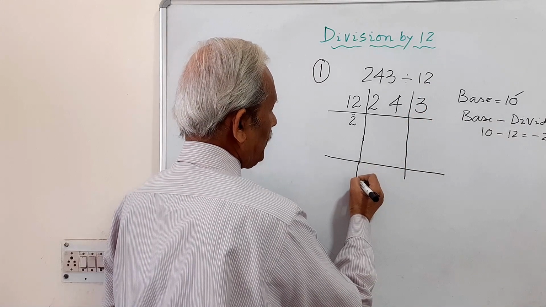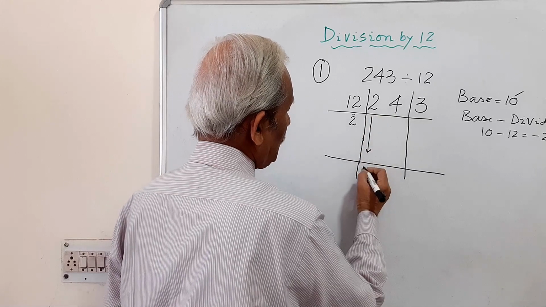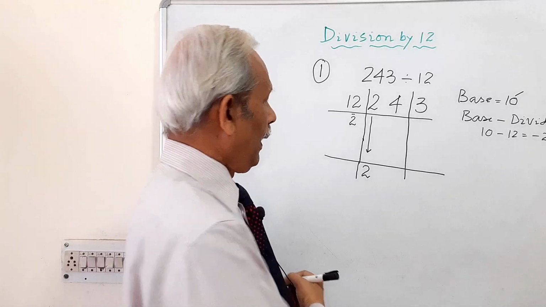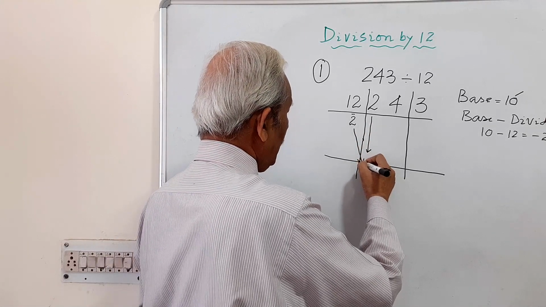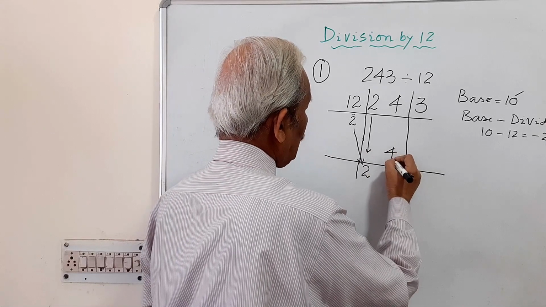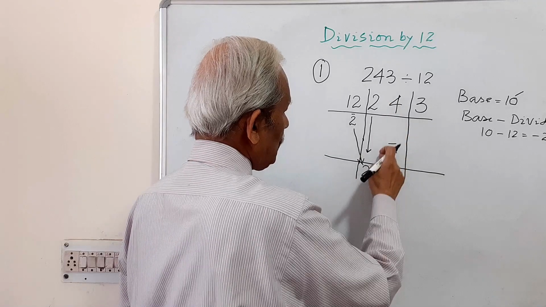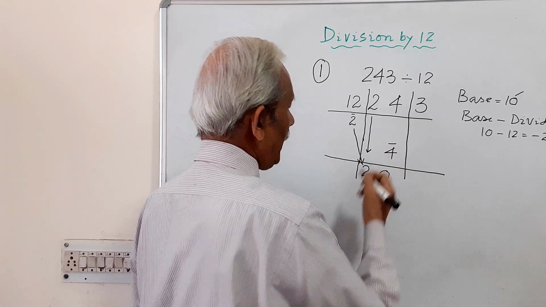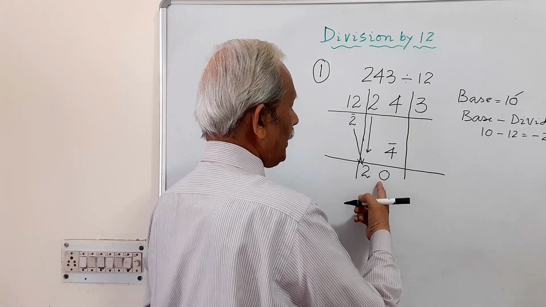Now we'll proceed with the division. First, just bring down the number 2 as it is. Then multiply these two. 2 into 2 bar is 4 bar. Now add these two. 4 plus 4 bar is 0, because 4 bar means minus 4, so plus 4 minus 4 is equal to 0.